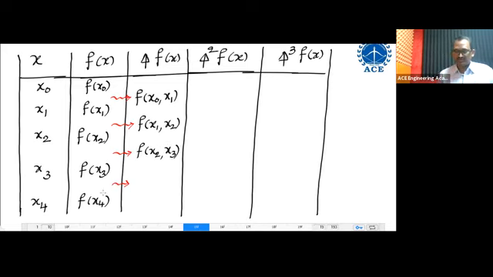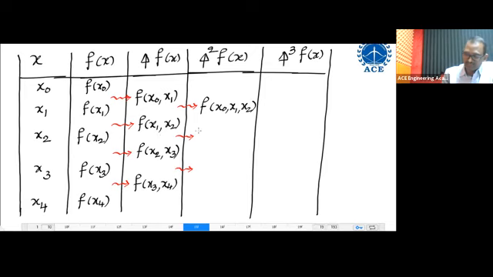Between f of x3 and f of x4, it should be f of x3 comma x4. How to find all these values, I will tell you right now. Let me complete the table. Remember, between f of x0 comma x1 and f of x1 comma x2, it should be written as f of x0 comma x1 comma x2.